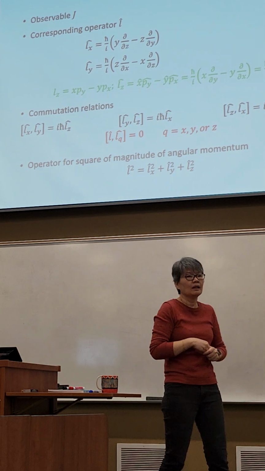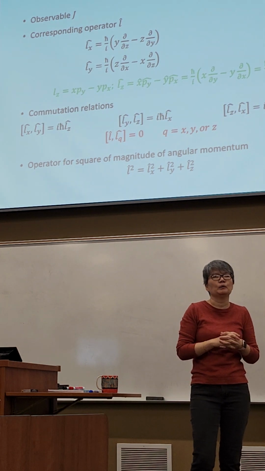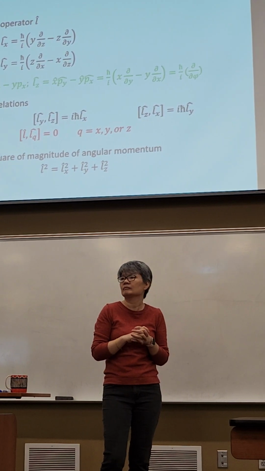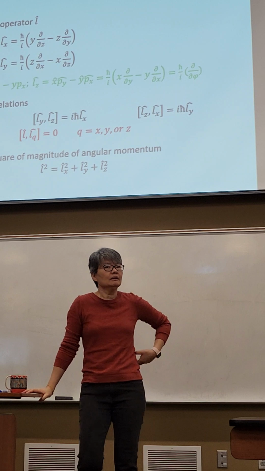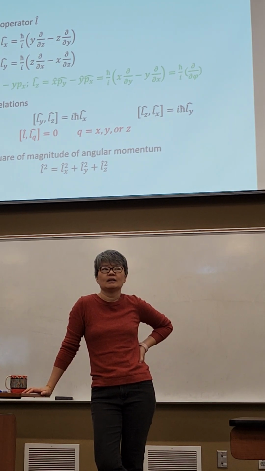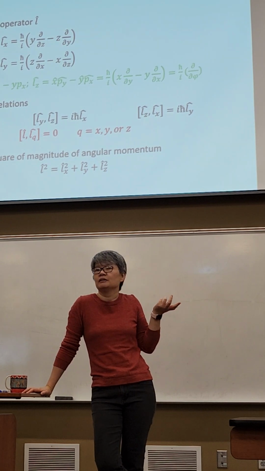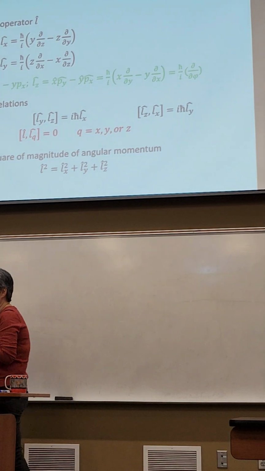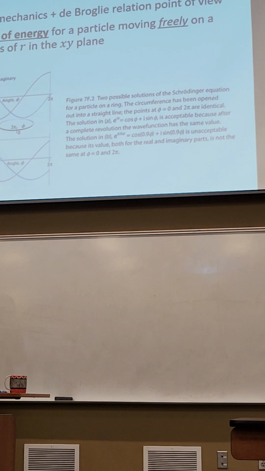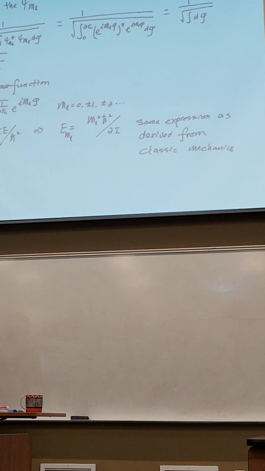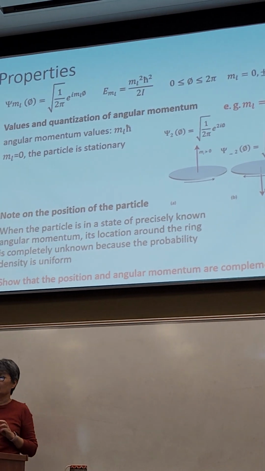Now, what if the m sub l equals to 0? When m sub l equals to 0, it doesn't have anything, then your J equals to 0. So your angular momentum is 0. Okay.